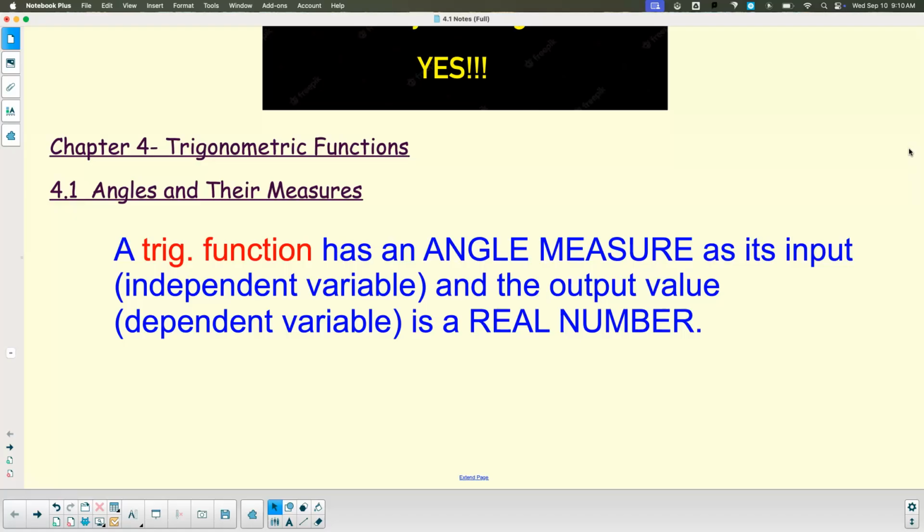One of my goals is to make sure you guys have enough time to write stuff down. So that's why I'm pausing here, so you get stuff written down. Everybody got it?